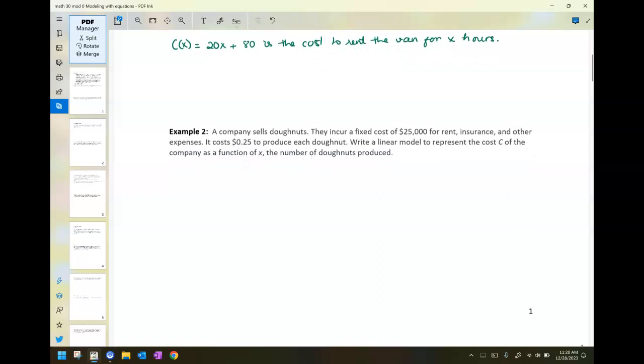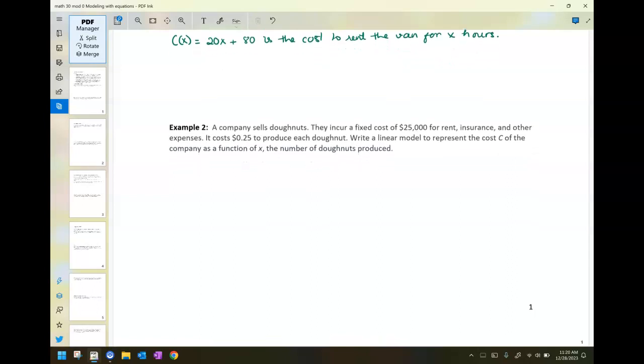In the next case, a company is selling donuts. They incur a fixed cost of $25,000 for rent, insurance, and other expenses. It costs 25 cents to produce each donut. Write a linear model to represent the cost C of the company as a function of x, the number of donuts produced. So here we were told that x is the number of donuts.